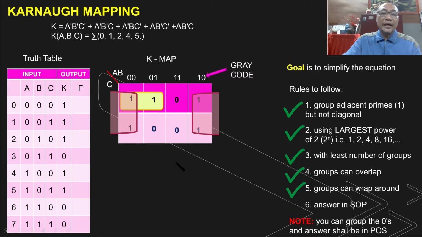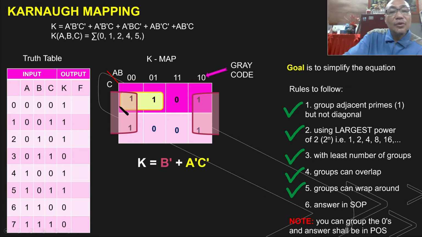Let's try now to find what is now the simplified equation that we can obtain in our K-map. Let's try to analyze this group. In order for us to get the remaining term due to this group, let's look into what is covered by this group.